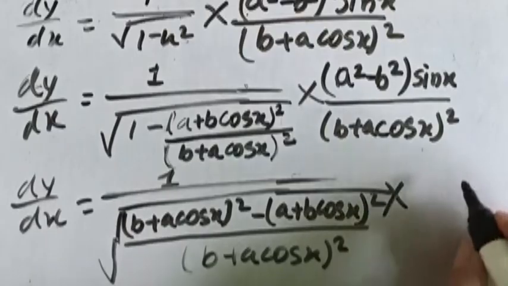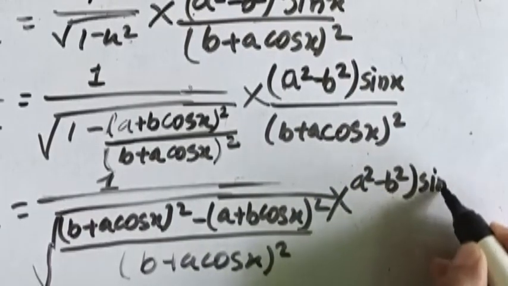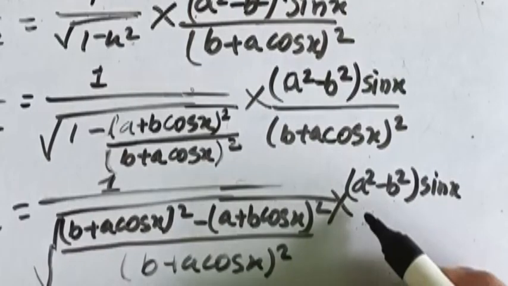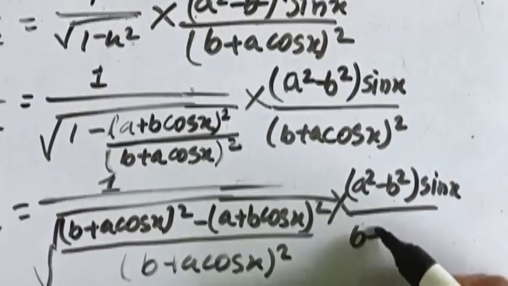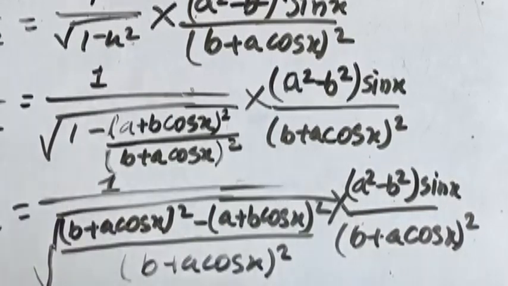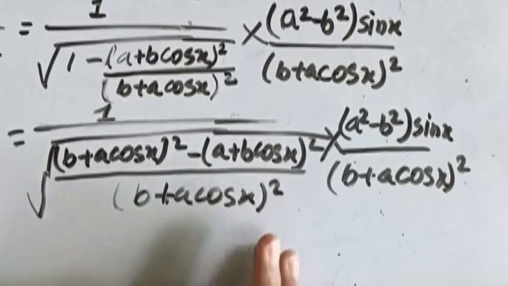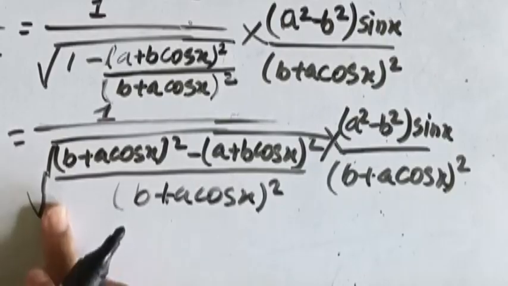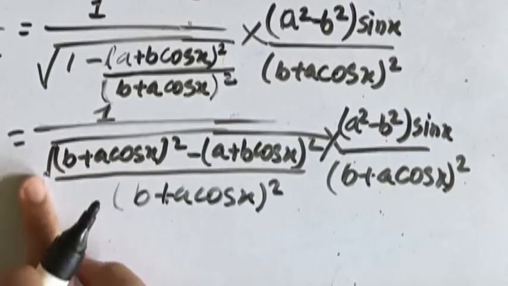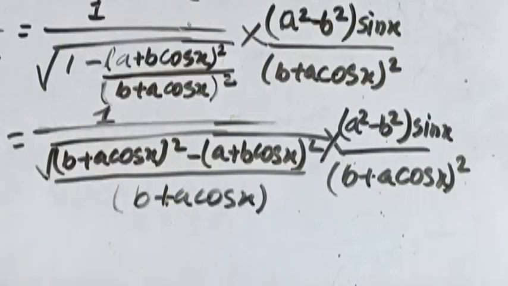And now here multiply (a square minus b square) sin x upon (b plus a cos x) whole square. Here it is under root, so the root will cancel the square and it will become this. I'm just doing it in this, so you must do it on your notebook.